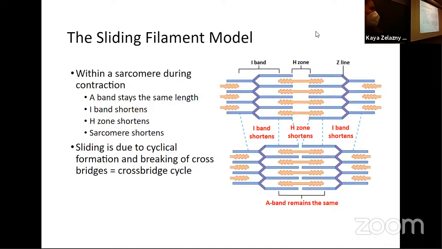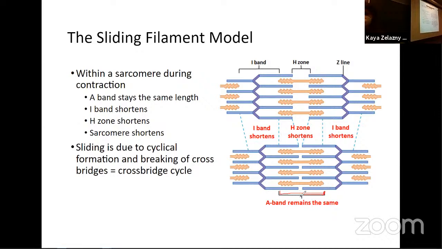So if we think about our zones, back to our labeled structure of the sarcomere, we would see under a microscope that some of the bands and zones are going to stay the same length, and some of them are going to shorten, right? So we saw that our A band, the A band is just anywhere we see our myosin.